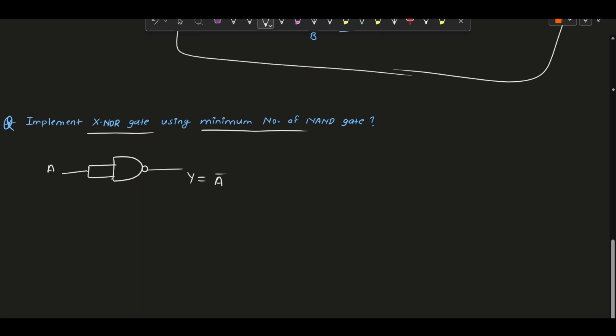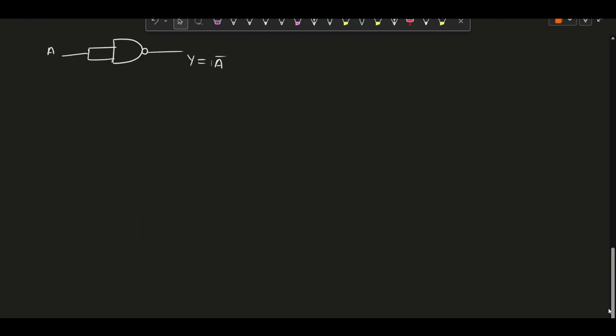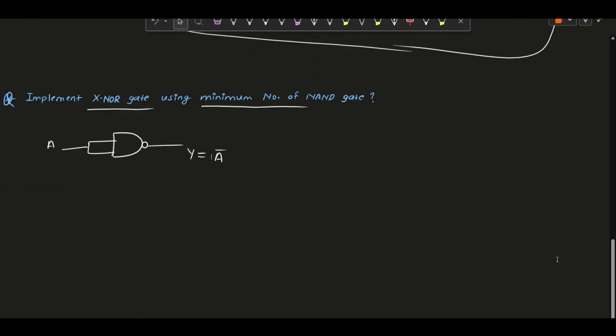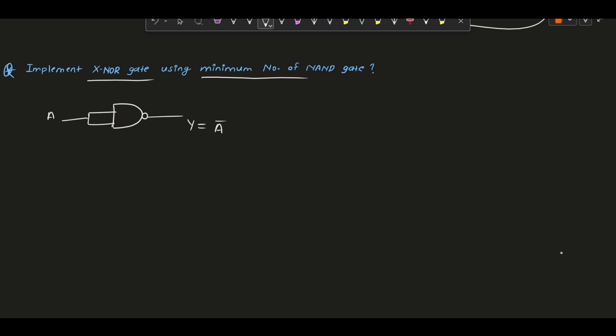So that fundamental we will use so that we implement the XNOR gate using the minimum number of NAND gates. We have implemented the XOR gate, so in that XOR gate we will connect the NOT gate at the output, means this NAND gate, so that we will get the XNOR gate, and here we will say we have implemented the XNOR gate using NAND gate.